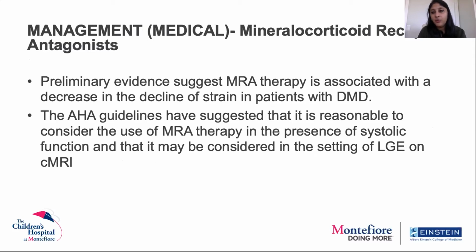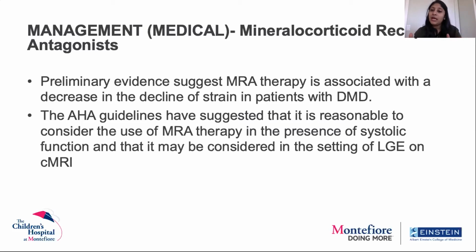Patients who have any sort of fibrosis, LGE basically stands for fibrosis, or muscle that is being converted into scar tissue. The AHA guidelines say that anyone who has poor heart function or any form of fibrosis should get started on a mineralocorticoid receptor antagonist in association with ACE inhibitors and beta blockers.